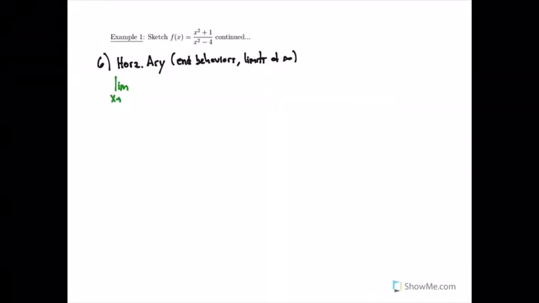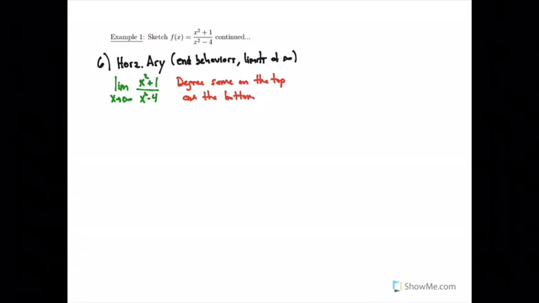Let's first look at the limit going to the right. And from the last section, section 3.5, we looked at limits at infinity. In this case, the degree is the same on the top and the bottom. So the horizontal asymptote, or the limit, is going to be equal to the ratio of the leading coefficients. In this case, we're going to have that this limit is equal to 1.